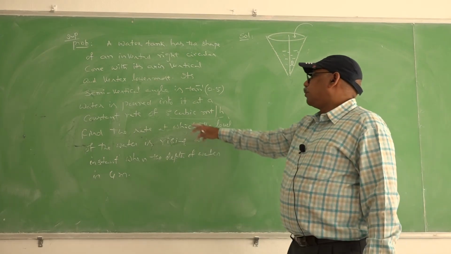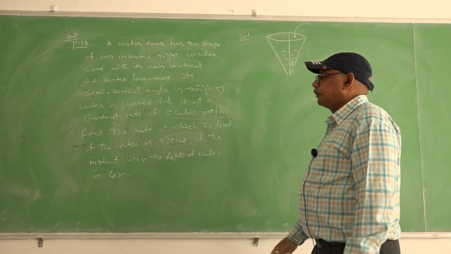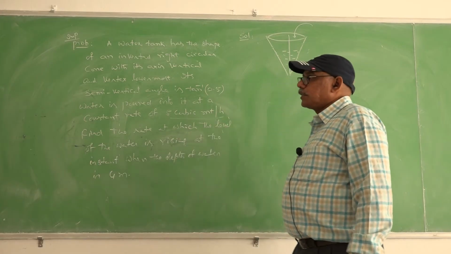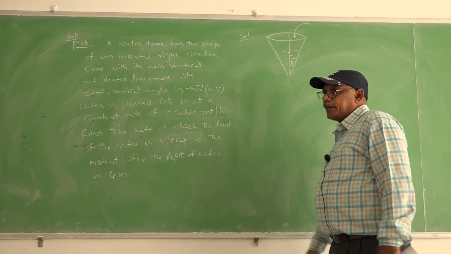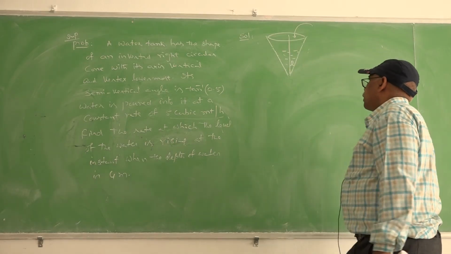The volume is changed at the rate of 5 cubic meters per hour. Then at which rate does the level of the water increase, particularly at the instant when the depth of the water is 4 meters? That is the problem here.